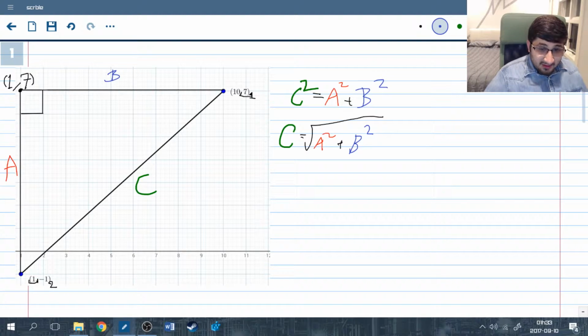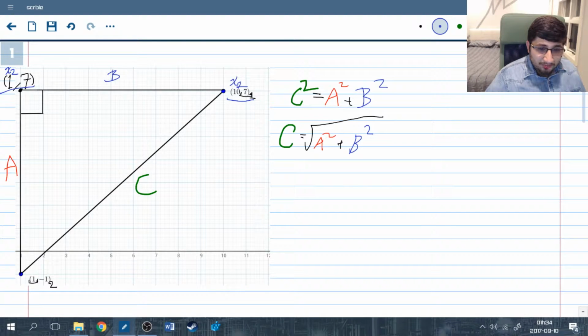To figure out what B is, we'll need to take a look at the 2 points here, this one and this one. If you notice, one of the coordinates, namely the y-coordinate, is the exact same between them, and the x-coordinate of this point happens to match the x-coordinate of point 2. Notice then that here we have x2 and here we have x1.